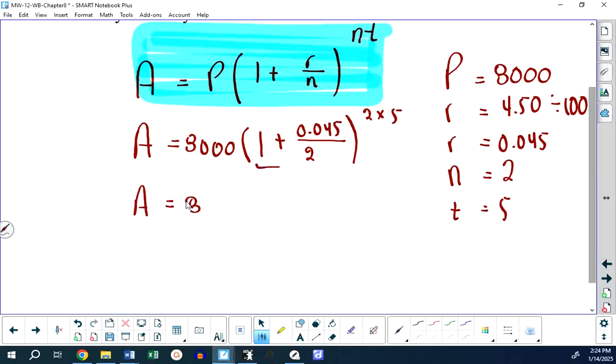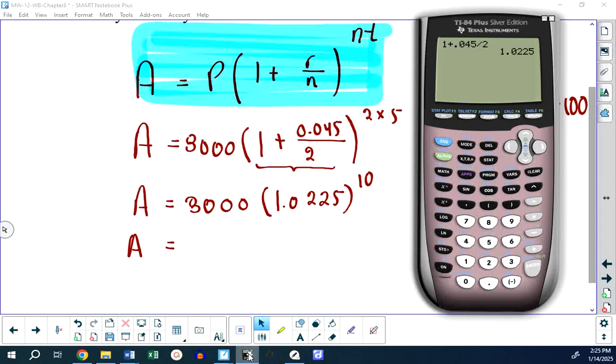So I've calculated this to be 1.0225 raised to, and I've calculated this to be 10. If you need to put into your calculator 2 times 5, go for it, but 2 times 5 is 10. And then you can enter it in one shot.